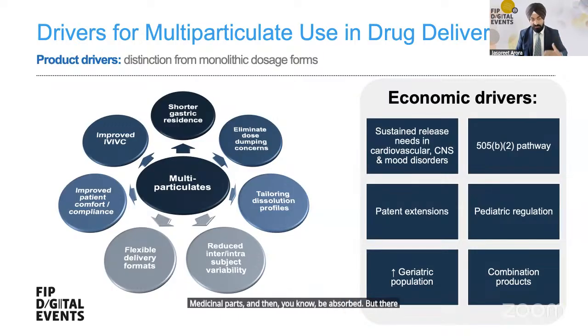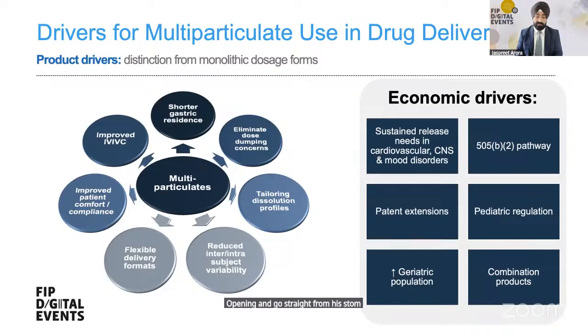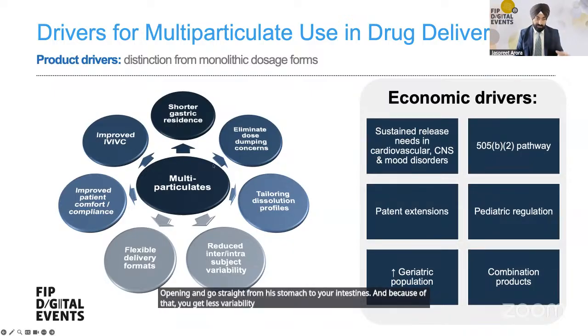But there's inherent variability in the gastric residence. Multi-particulates help circumvent that because they just pass through that opening and go straight from your stomach to your intestines. Because of that, you get less variability, and less variability gives you an improved IVIVC, in vivo, in vitro correlations.